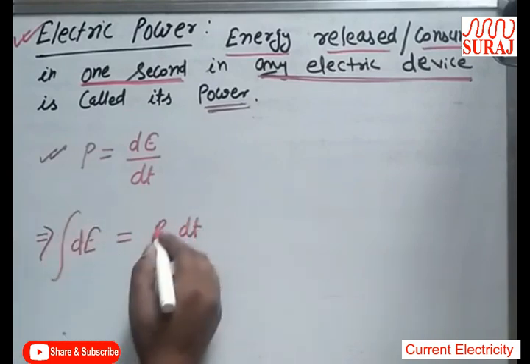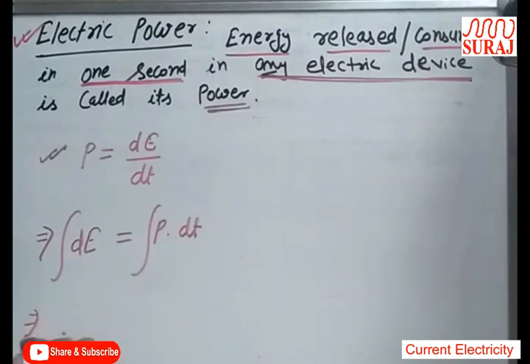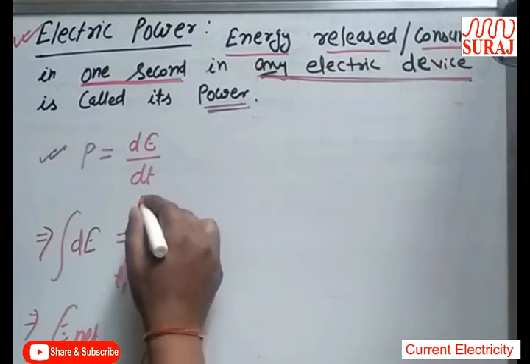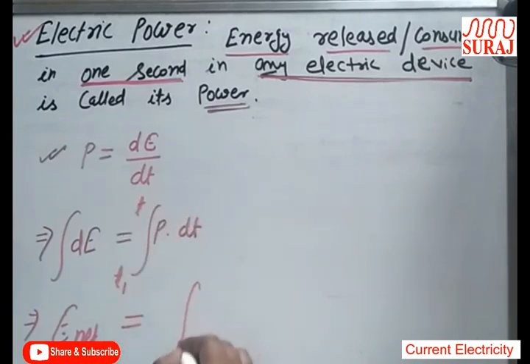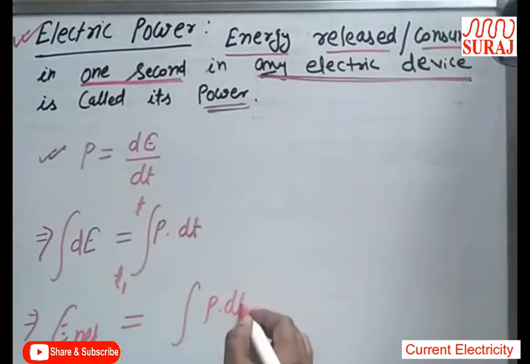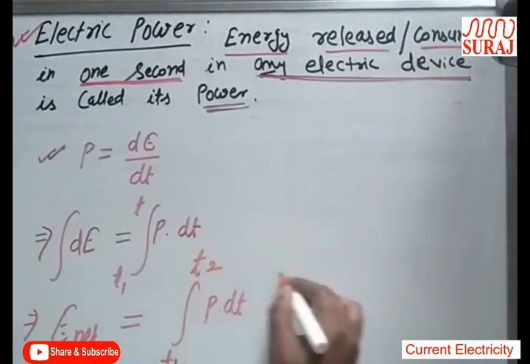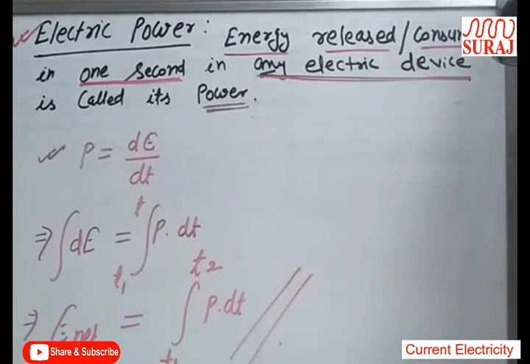Now for a duration of time, the net energy dissipated can be written as what? Integration of P with respect to time from T1 to T2.